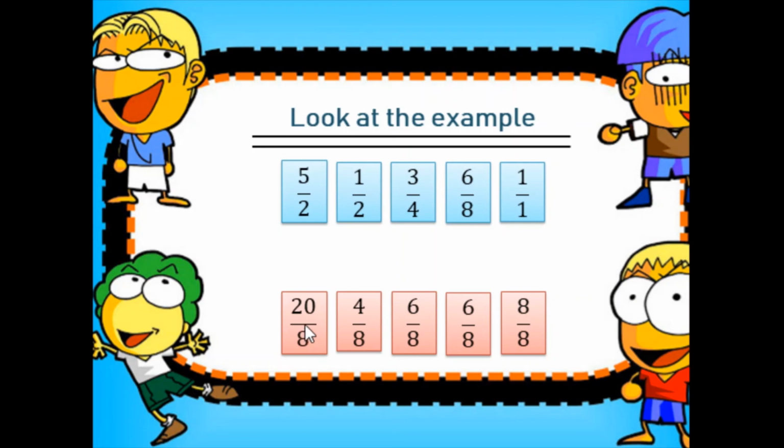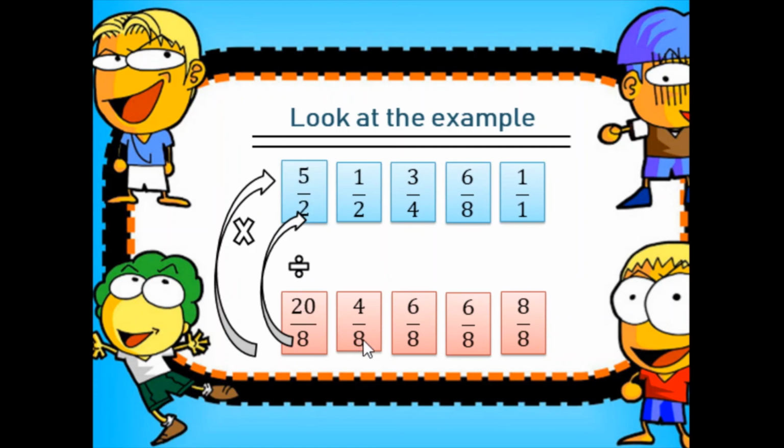But how did we get 20, 4, 6, 6, 8? It's 8 divided by 2 is 4. Very good. After that, we multiply it to the numerator on top. So, from 8 divided by 2, it's 4. 4 times 5, we get 20.